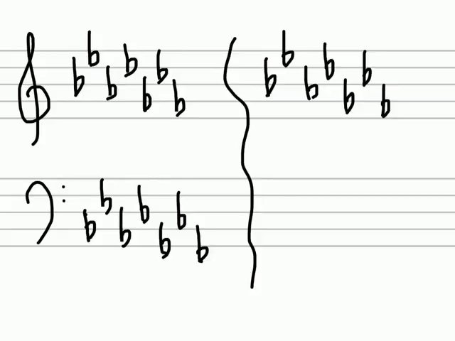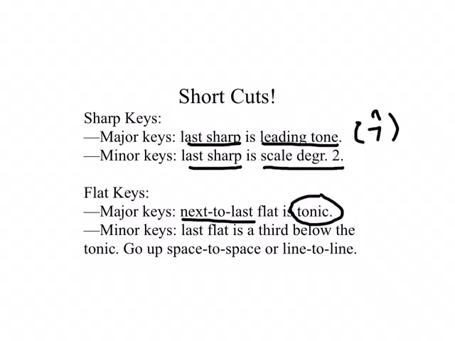Okay, finally, the minor keys. This one's a little trickier, but the last flat is a third below the tonic. What this means is take the last flat and go up either from a space to the next space or from a line to the next line.